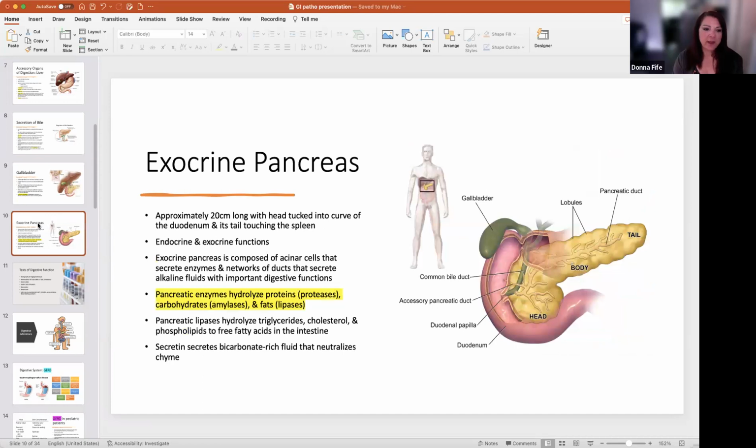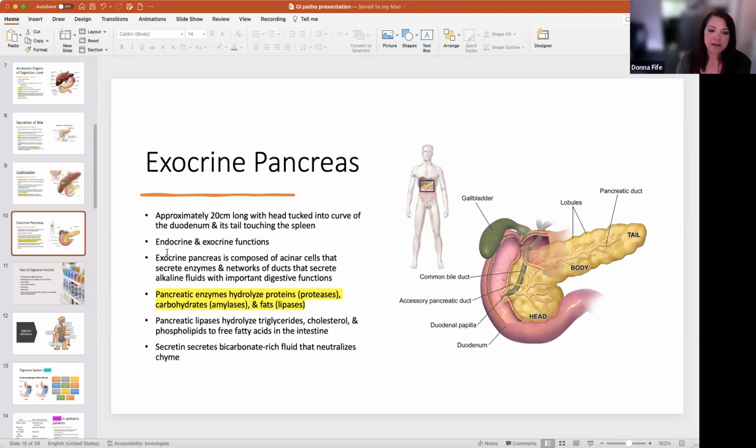The exocrine pancreas. The pancreas is about 20 centimeters long, and the head is tucked into the curve of the duodenum, and its tail is touching the spleen. This has endocrine and exocrine functions. I should have just had pancreas here. Sorry about that. The exocrine pancreas is composed of acinar cells that secrete enzymes and networks of ducts that secrete alkaline fluids with important digestive functions.